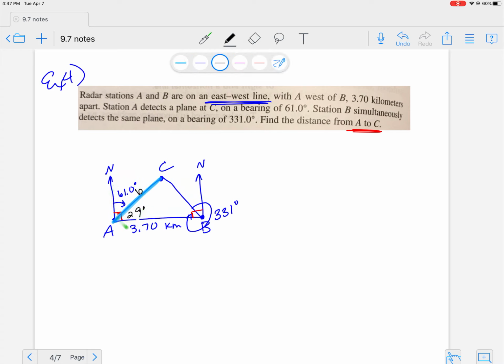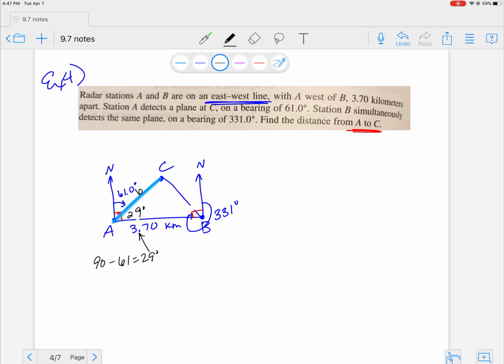How do I know that? I know this makes a right angle. In order to figure out these two angle measurements, I have 90 minus the 61, that'll be that 29 degrees, and that's where that's coming from up there.